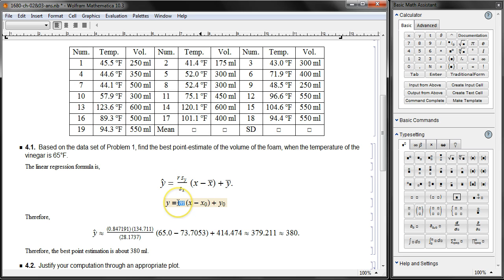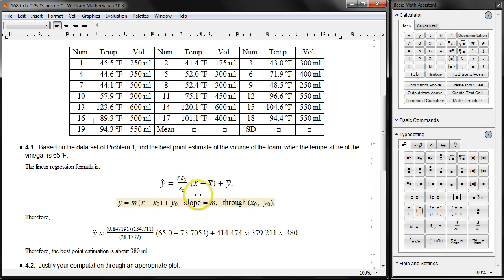Slope is m, and it runs through the point (x0, y0).